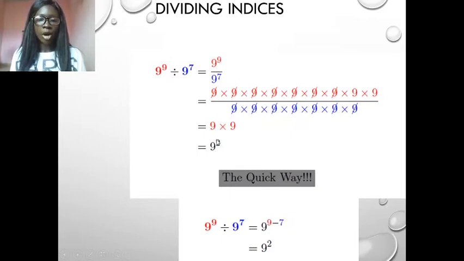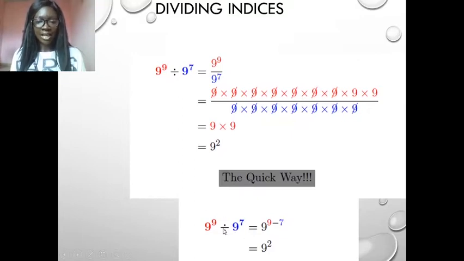So we have our answer to be 9 to the power of 2. This 2 is because 9 is remaining 2 here. And we pronounce this as 9 to the power of 2, or 9 squared. Now a quick way of doing this is following our law.